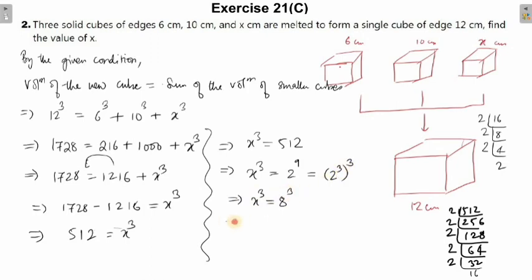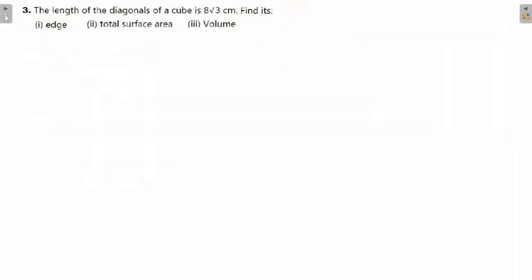From here, we get the value of x to be 8. That's what you are asked to find, the value of x, isn't it? So the value of x turns out to be exactly 8 here. You may pause the video and note down your solution. Let's move to the next question.